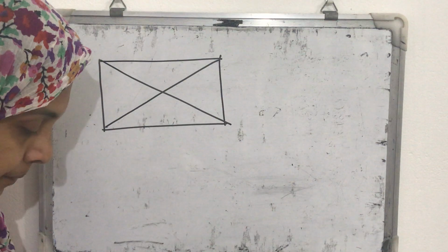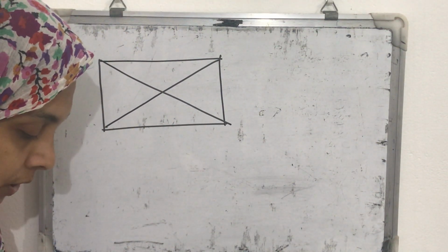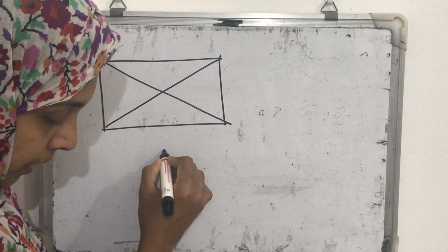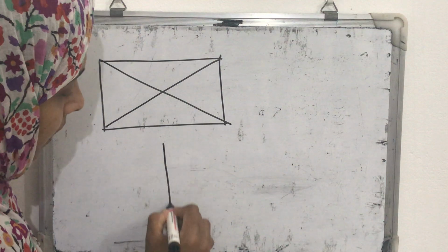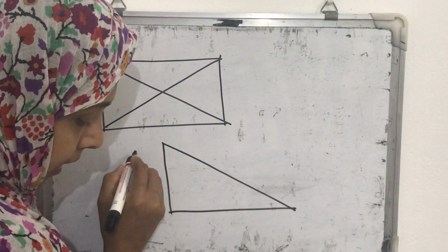Then sixth question. ABC is a right angled triangle and O is the midpoint of the side opposite to the right angle.